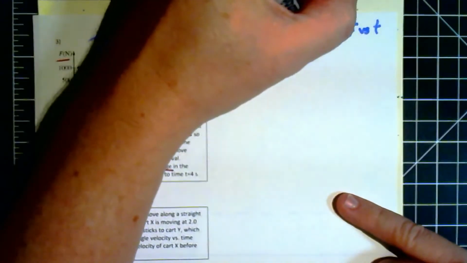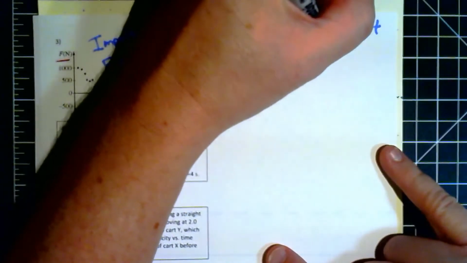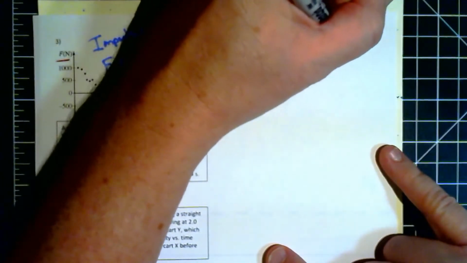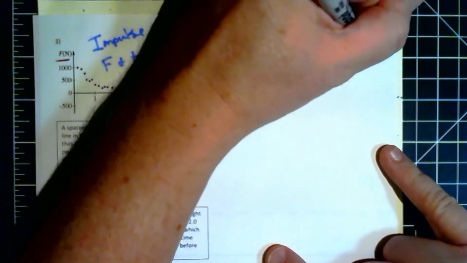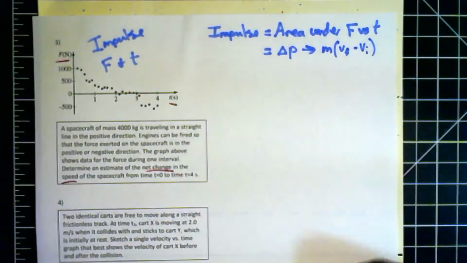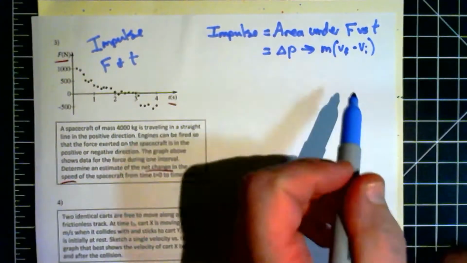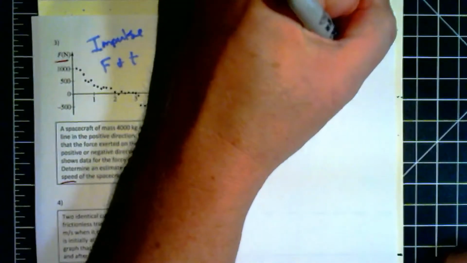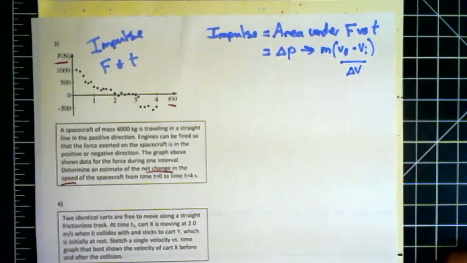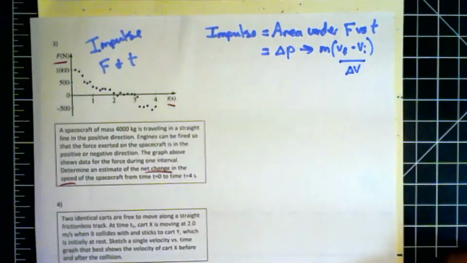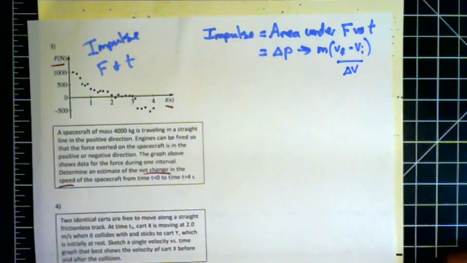And going one step further, the change in momentum is going to be mv final minus mv initial. That's what a change in momentum is. So in order to find the net change in speed, which is this term, that's delta v, I need to know the change in momentum. And to get the change in momentum, I need to know what the impulse is.